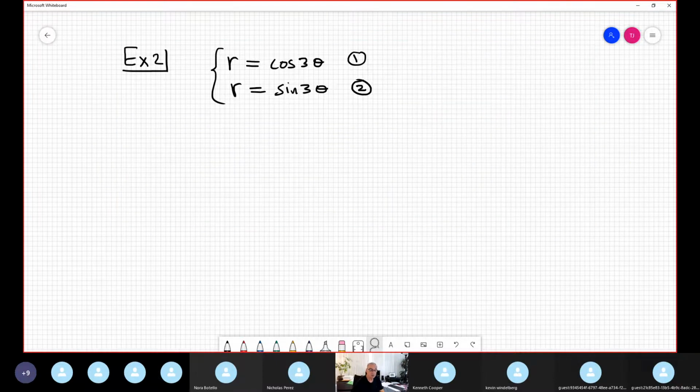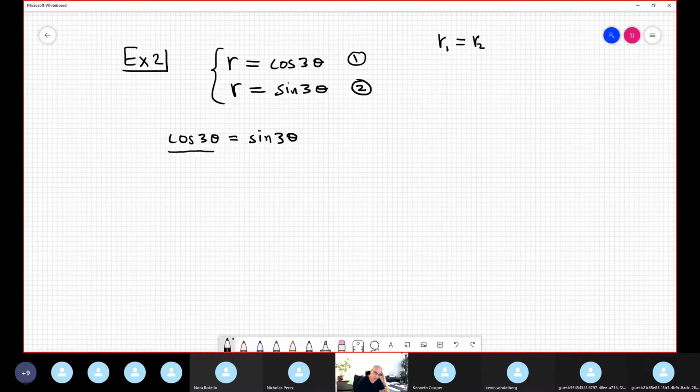To find the intersecting point, the same idea: radius 1 equals radius 2. In our specific example, cosine 3 theta is equal to sine 3 theta. I need to investigate this equation. Remember the idea always is isolate the trigonometric function. But in this case we have cosine and sine. Wow, what should I do?